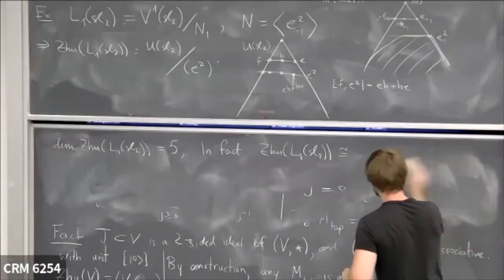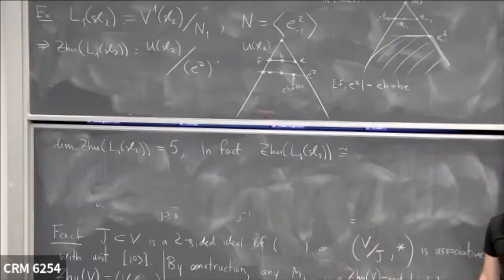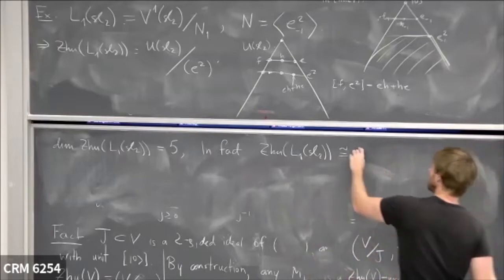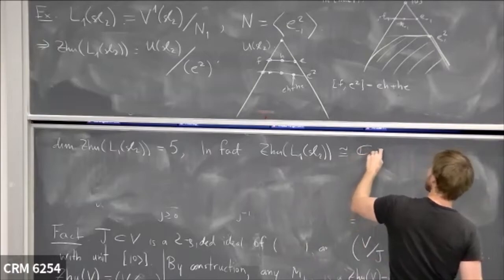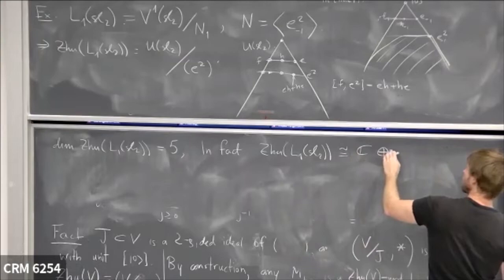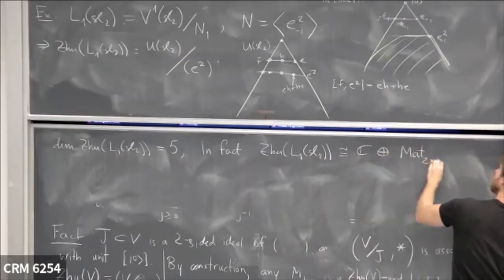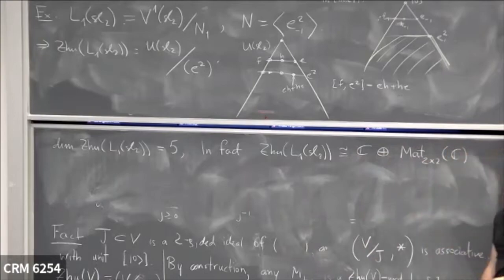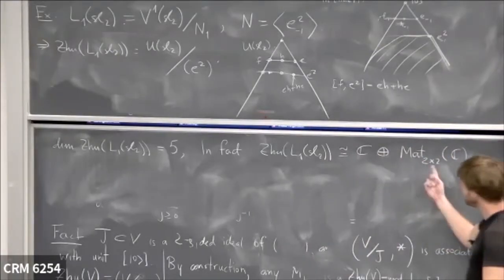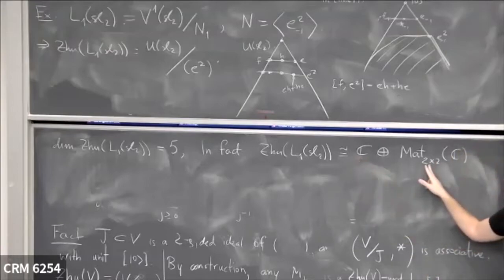In fact, up to isomorphism, if you play around with idempotents and all the usual associative algebra stuff, you find that this is isomorphic to the 1-dimensional associative algebra, direct product, 2 by 2 matrices. So that's where the 5 comes from. Which has 2 irreducible modules, the trivial module and a 2-dimensional module.